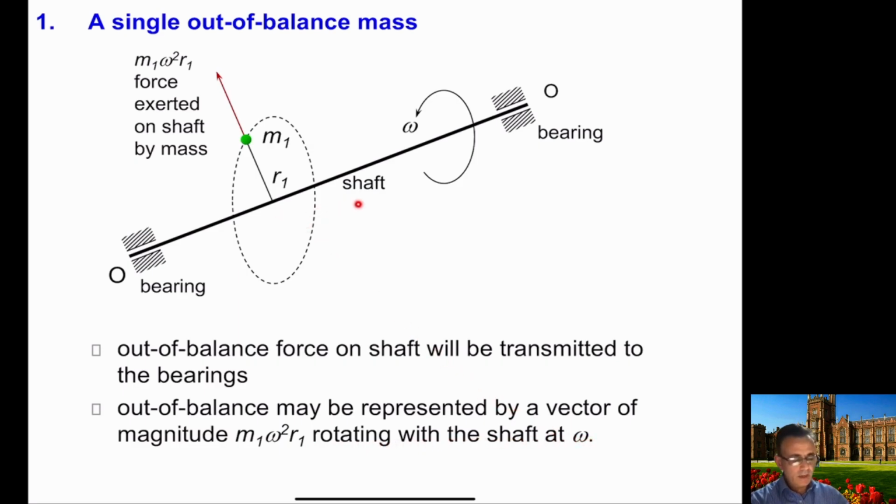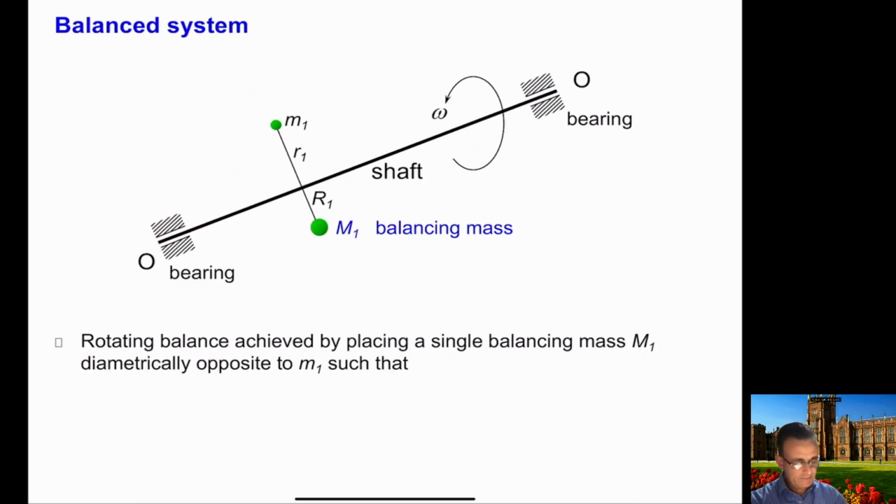Now obviously the shaft is rotating, so the out of balance mass will also be rotating with the shaft, and this means that the centrifugal force will also be rotating with the mass here. So because this will create a load on the bearings, our aim here is to balance this system so that there is no load on the bearings.